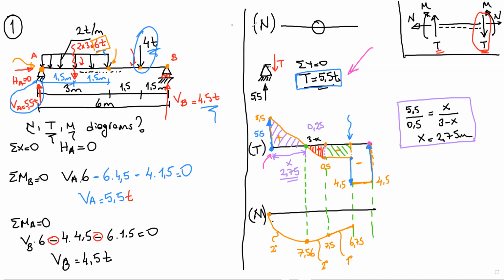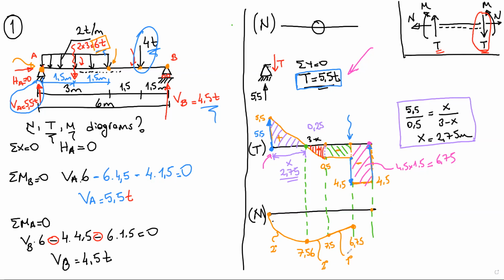Okay, now we are at the end. If we calculate this area, 4.5 times 1.5 is 6.75. So this is a negative area. We are at the moment 6.75. We are here at the moment minus 6.75.